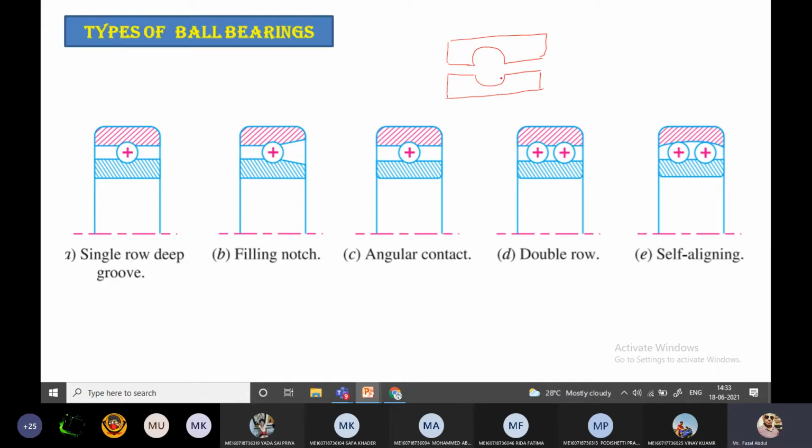Now here, single row, only one row of balls is going to be arranged, and the groove is created very deeply. In between them balls are going to be inserted. So these are used for heavy load carrying capacity. So this is the application for the heavy load carrying capacity.